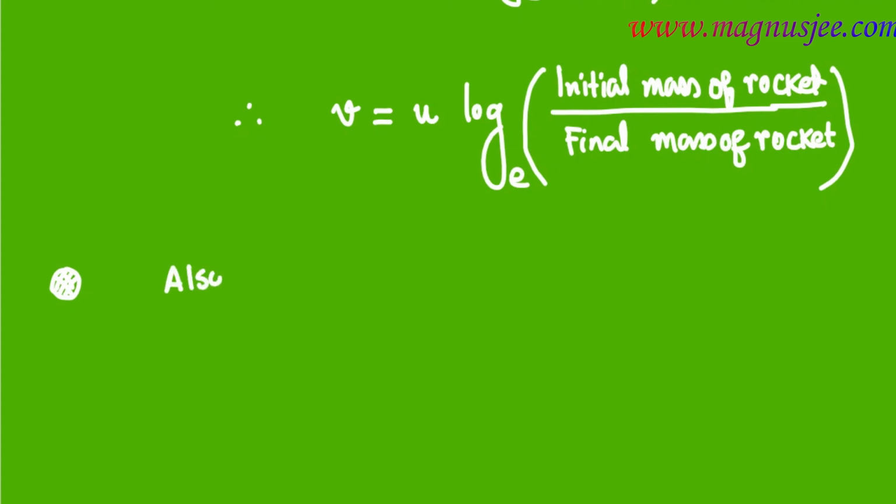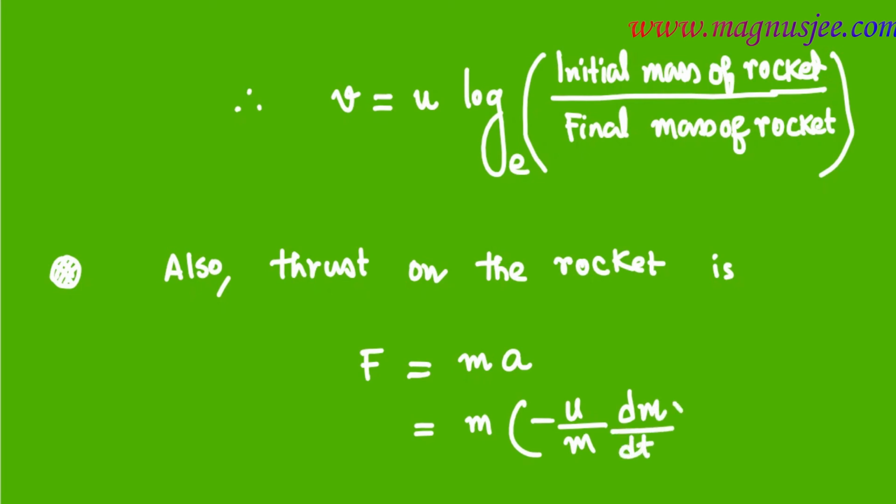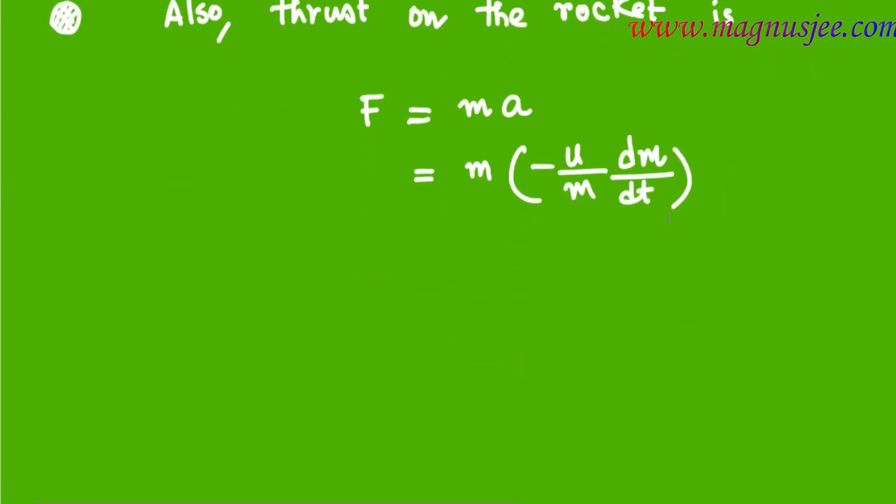Also, the thrust acting on the rocket, due to which the rocket is moving upwards, is given by F equal mass into acceleration. Thrust is equivalent to the force acting on the rocket in a vertically upward direction, F, which is ma equal m under bracket minus u by m dm by dt.